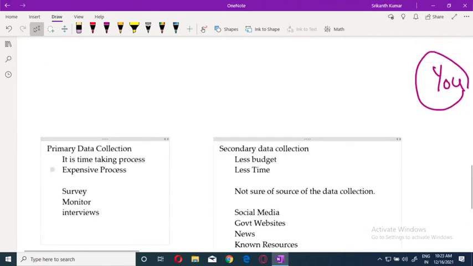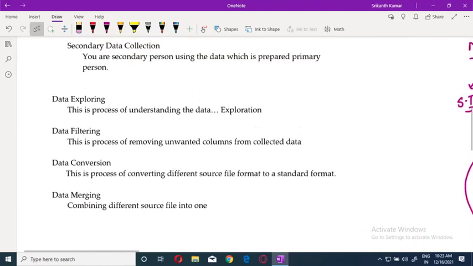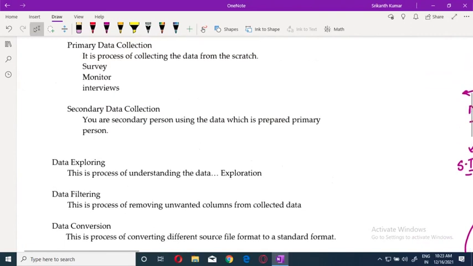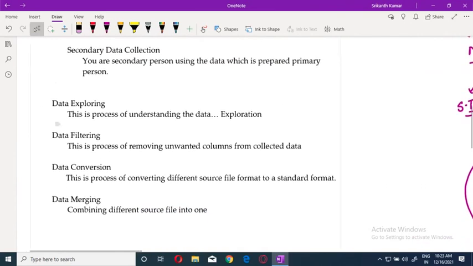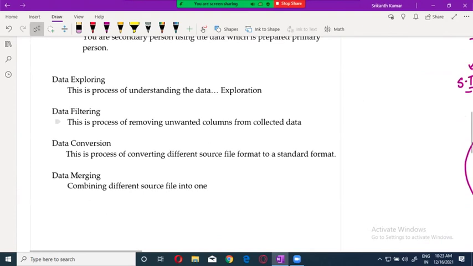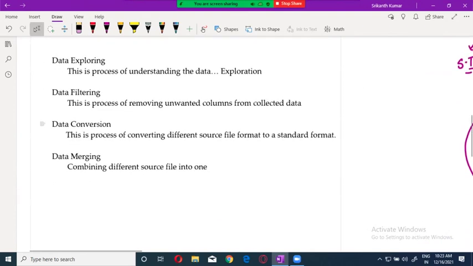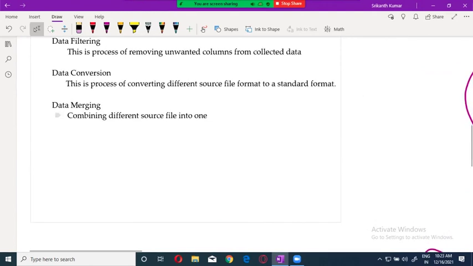Just go through it. It's not rocket science. Just go through what we have done. We collected the data. Then we explored the data. We filtered the data, we converted, and we merged it. So what you're going to get is perfect structured data.